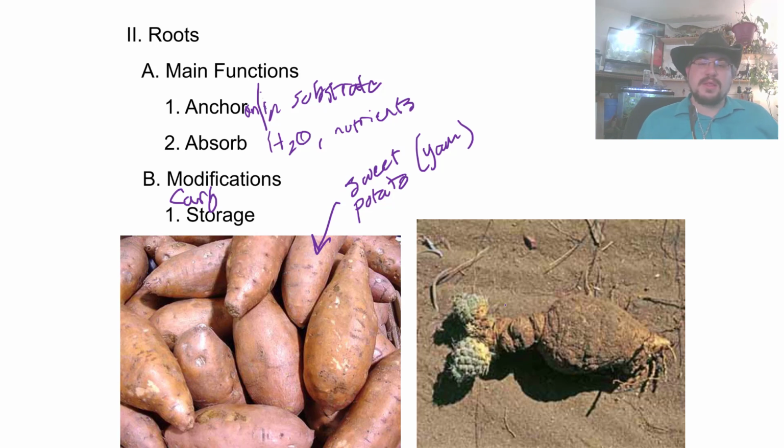Right, so this is a modified stem, not exactly a yam there, but it's a modified stem for water storage. And these are our sweet potatoes, which are modified for storing carbohydrates and sugars. So that's pretty cool. Sweet potatoes are just roots. They're modified roots.